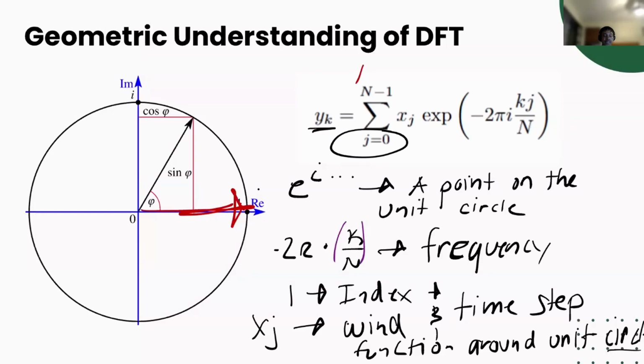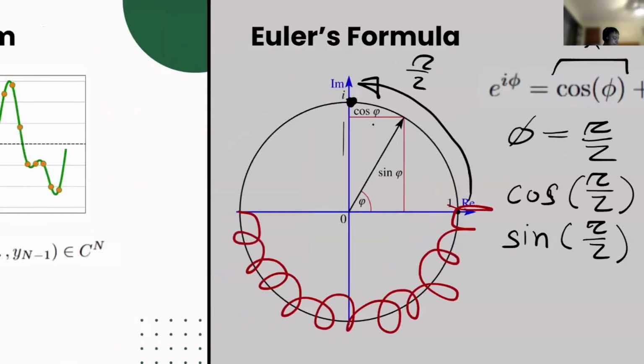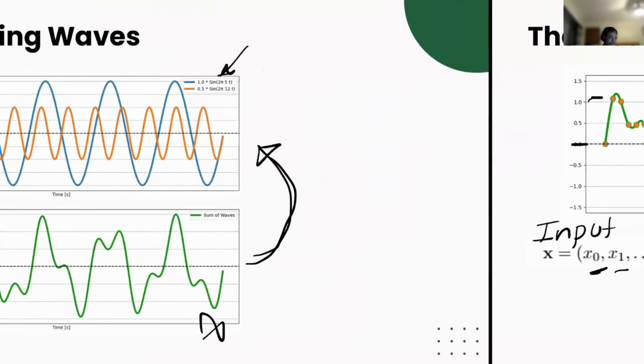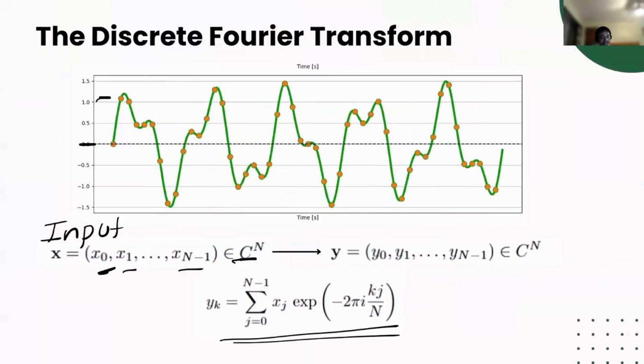Okay, so I think this is a question of why the DFT is an approximation to the continuous Fourier transform. And yes, it is an approximation. The way it works is that the more points that you have, the closer you get to the true resolution of the curve.